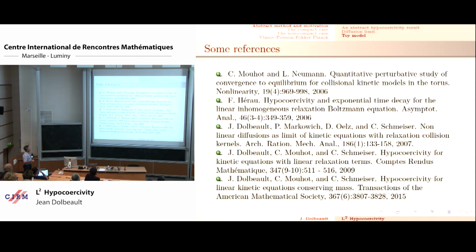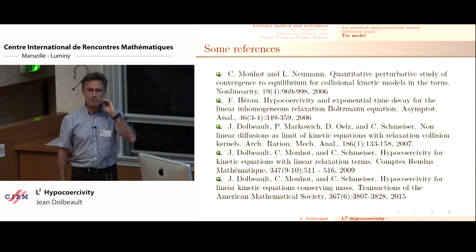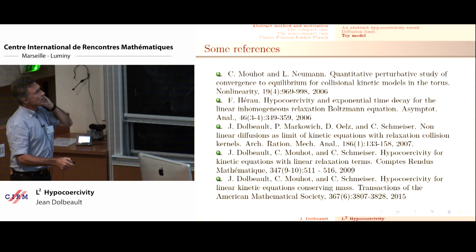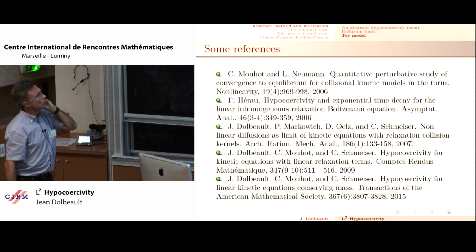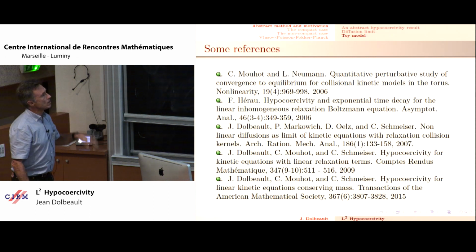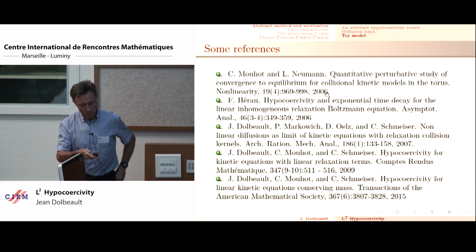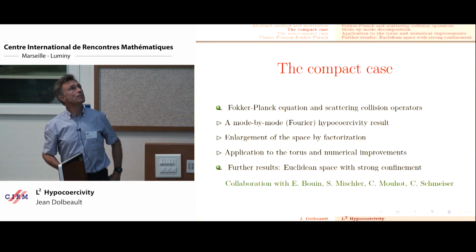Frédéric Hérau gave in 2006 some decomposition based on the Witten Laplacian, which has essentially this feature, except that he was not interpreting it in terms of diffusion limits. And in terms of diffusion limits, actually this paper turned out to have been very inspiring, but this is an old story now. And these are the two papers in which we developed this, so already some time ago.